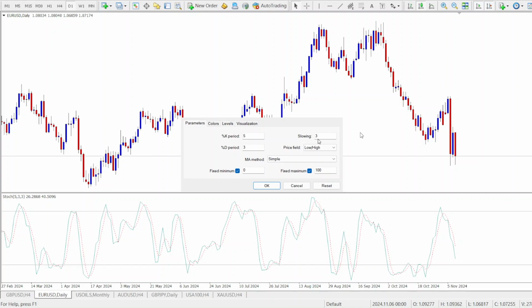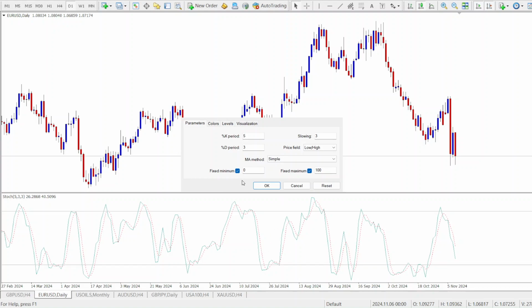It's important for you to note the two main components of the stochastic oscillator. These are the percentage K and the percentage D. These are the two lines that we can see here. The percentage K line is what we call the main line. It represents the current closing price in relation to the highest and lowest prices over a specific period.